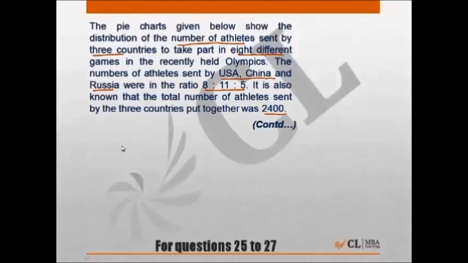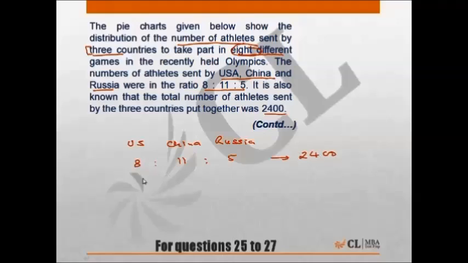Now let us just understand this data before we move forward. There are 3 countries whose data we have: US, China and Russia. They have sent athletes for 8 different games, and the number of athletes are in the ratio of 8:11:5. The total is 2400.